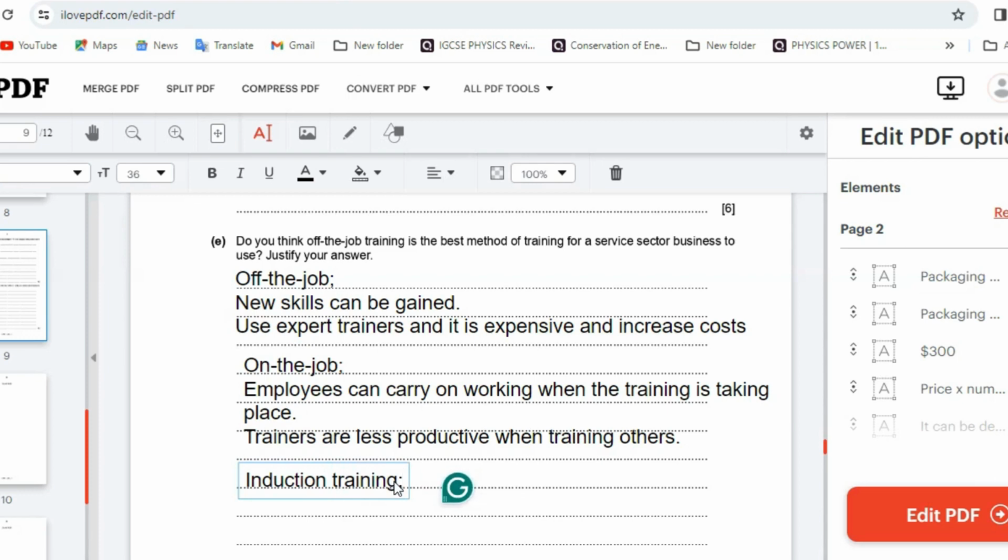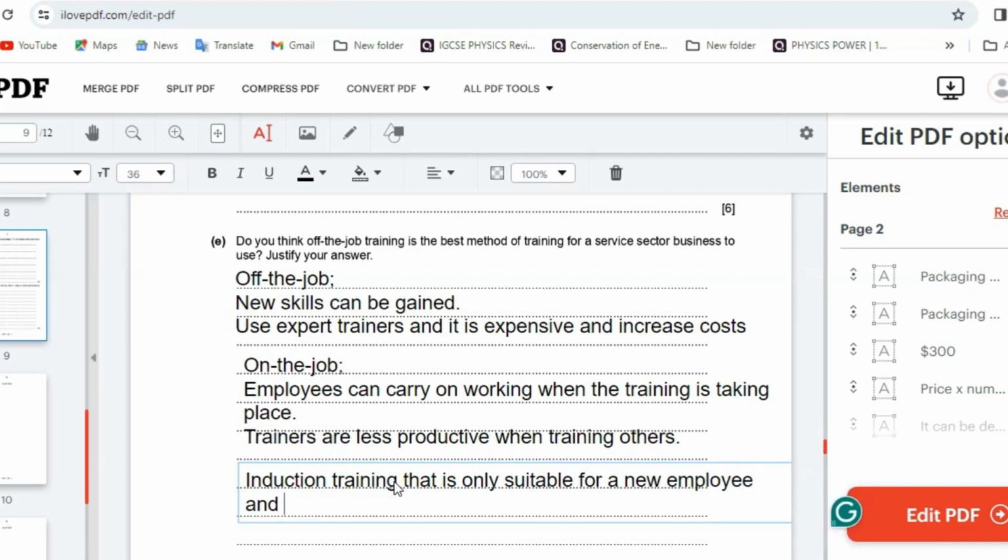It is only suitable for a new employee and can also help them to learn culture, and they will also learn the rules and regulations of the business.